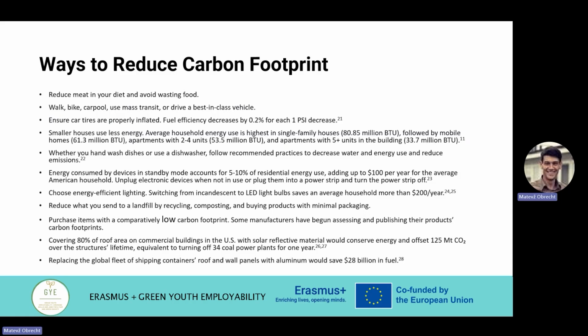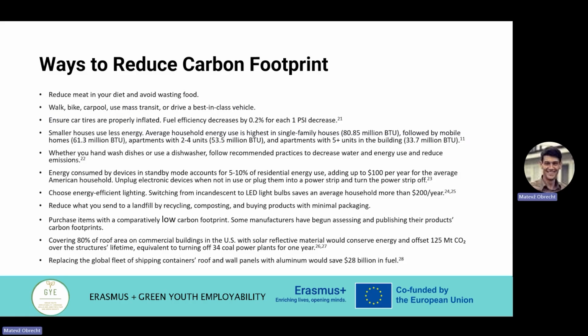Walk, bike, carpool, use mass transit, or drive a best-in-class vehicle. Ensure that car tires are properly inflated, because you can also save some gasoline with this measure. Try not to build too big houses, of course. Average household energy use is the highest in single-family houses.